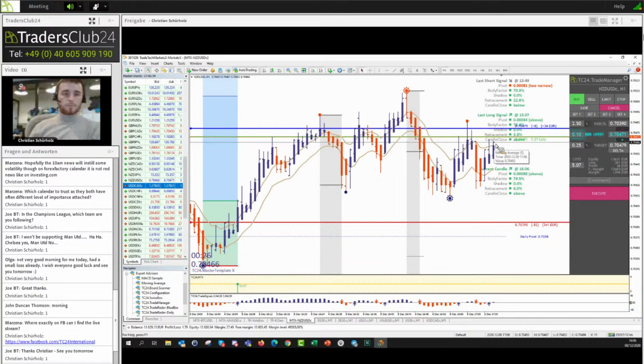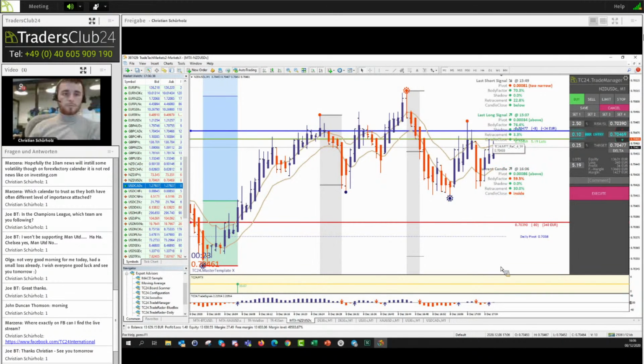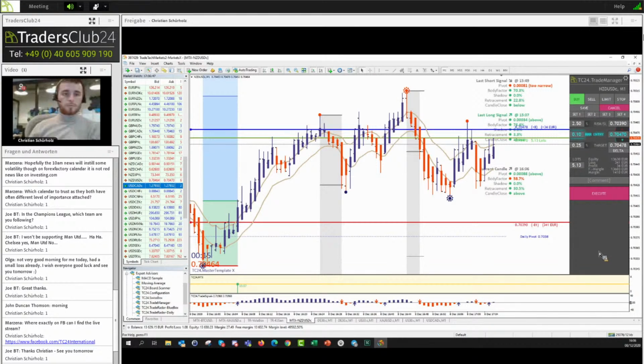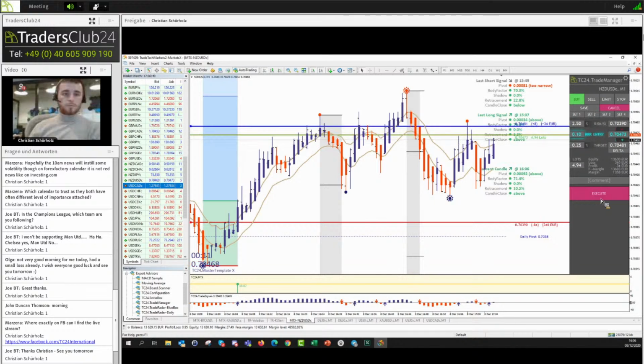Wait for the body of that candle to reach outside and close outside of those two. So as soon as we see that the candle closes outside of these lines, that could be our signal candle.